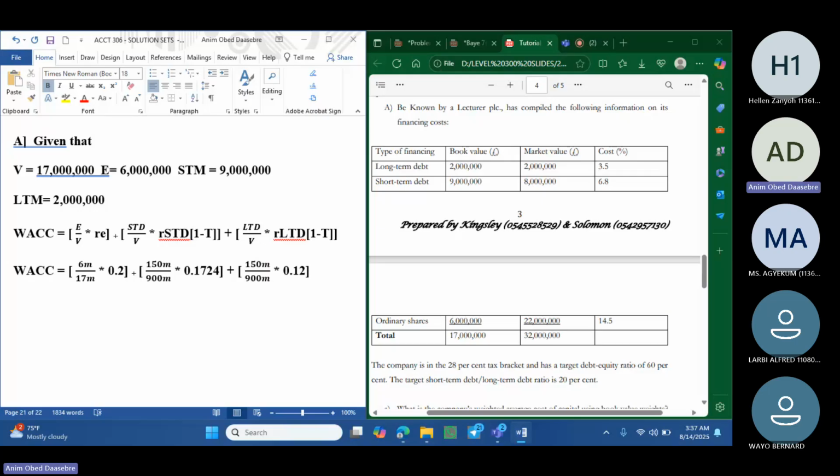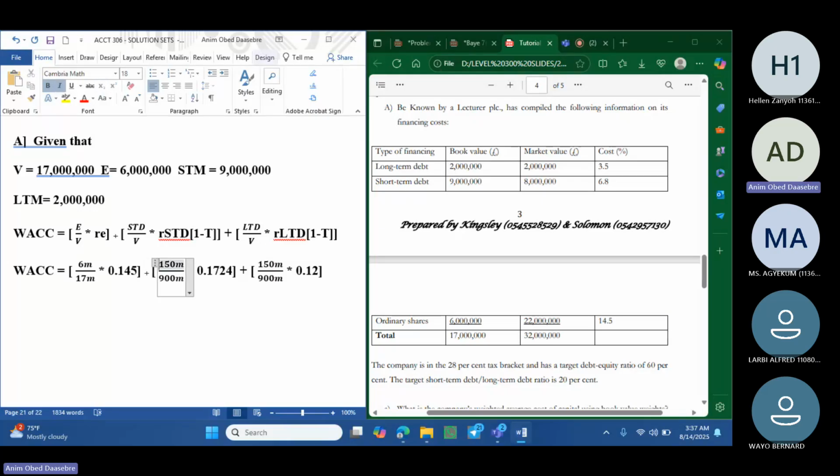The cost of equity is 14.5%, which is 0.145.